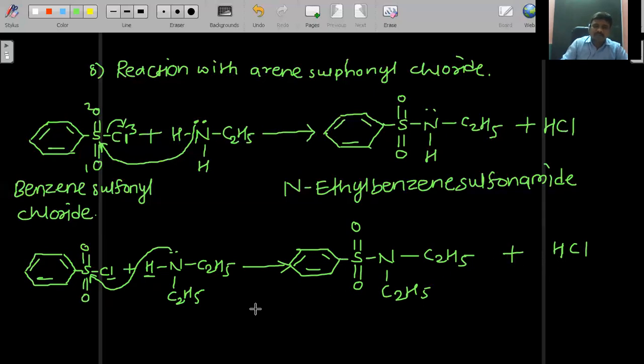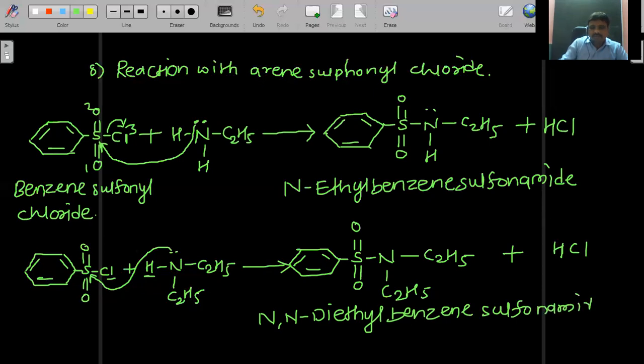So name of this compound is N,N-diethyl benzene sulfonamide.